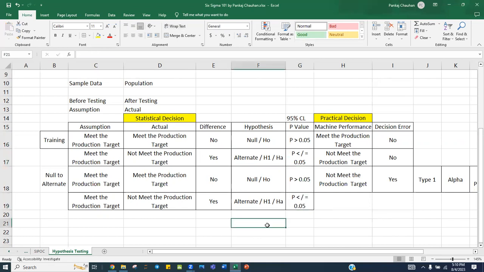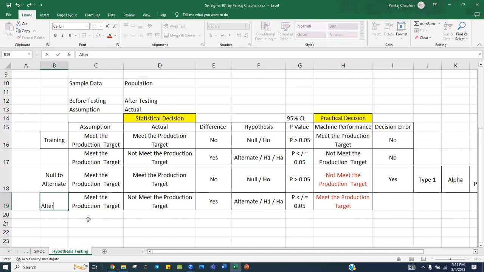And now you have to take the practical decision, and suppose you make a false report and say no, we will meet the target. So in this case, again, you are making a decision error. Actually, your sample data is telling you that you will not meet the target, but you are making a false report to production and maintenance, saying no, we will meet the target.